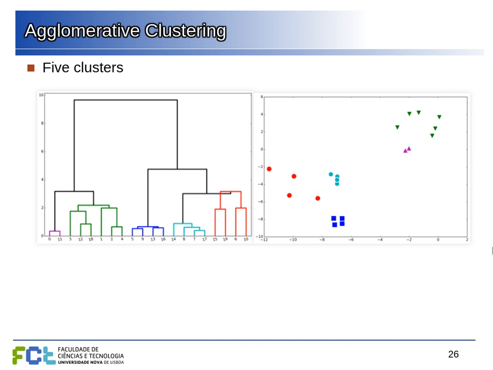Or alternatively, we can not cut it and retain the hierarchical clustering. So the question is whether, for our purposes, it's better to represent the structure of these data with a tree that represents all the nested clusters, or if we just want to partition the data into a set of clusters at the same level.